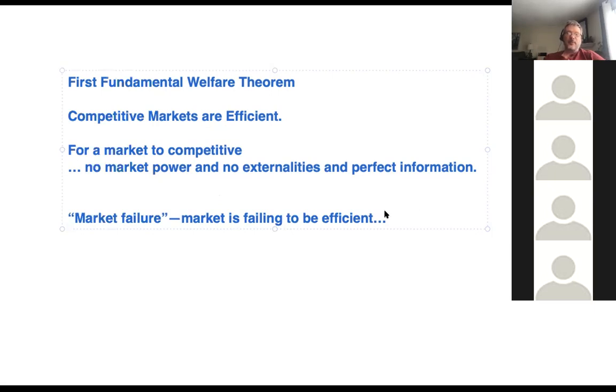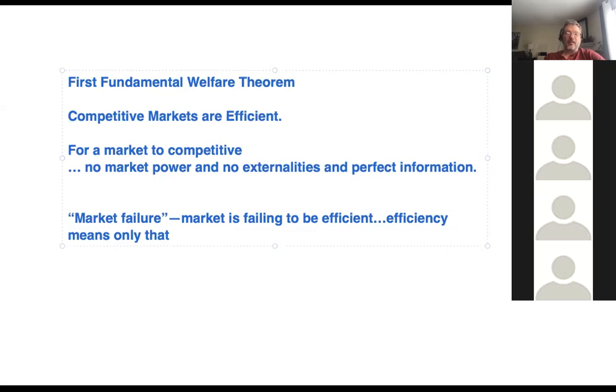And remember, when we're talking about efficiency, right? Efficiency means only one thing. Only that, and I'll put total surplus, even though I prefer net social benefit, right? As a description.